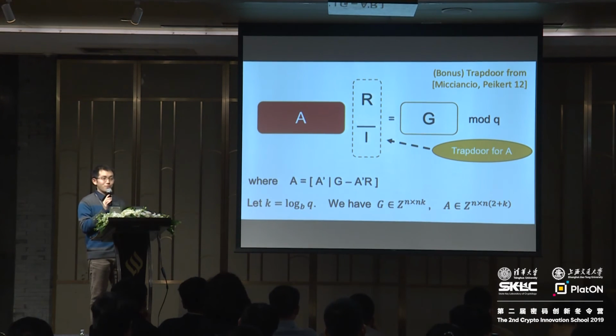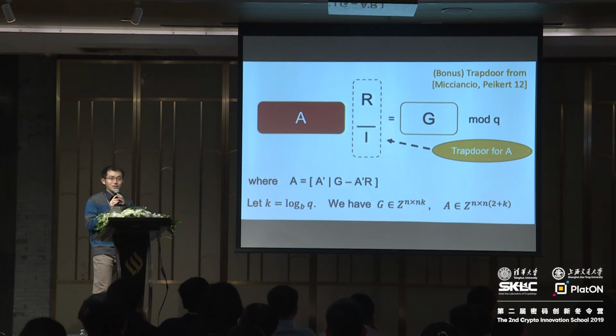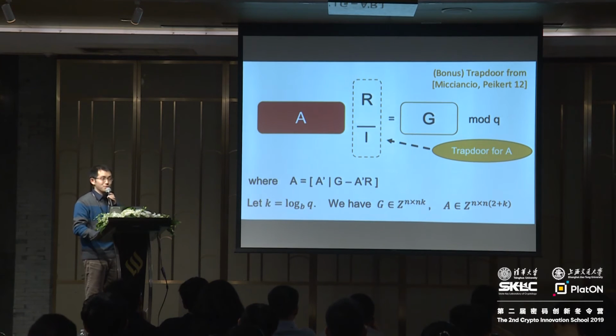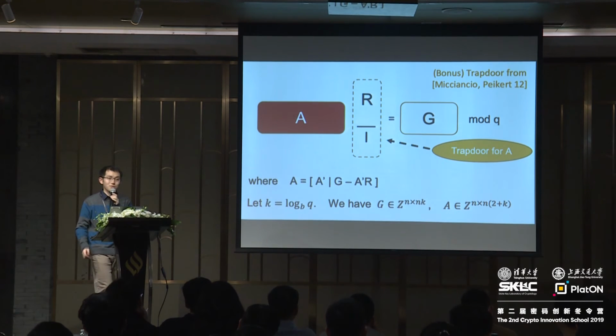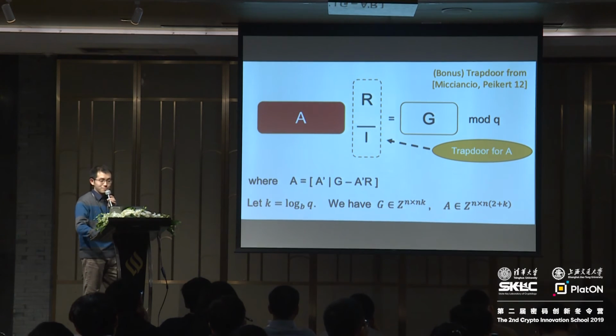Sampling a preimage from a specific distribution is another story, which I won't discuss in detail today, but it at least gives you a brief flavor of how to generate a trapdoor, and how to use the trapdoor to sample a preimage from a not very specific distribution.